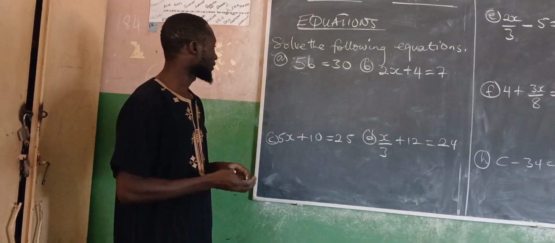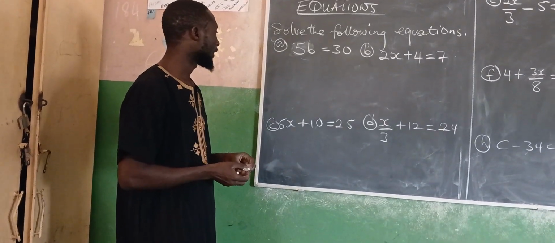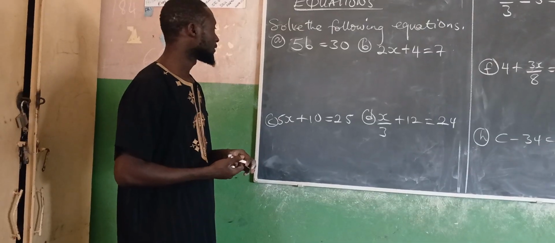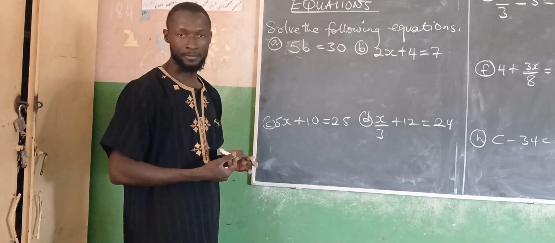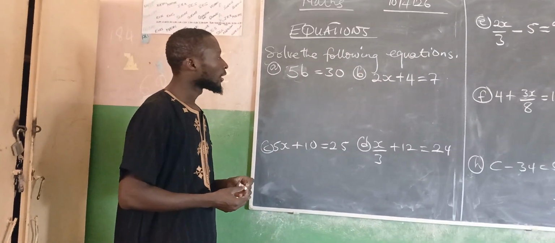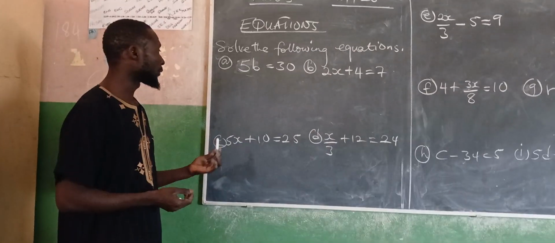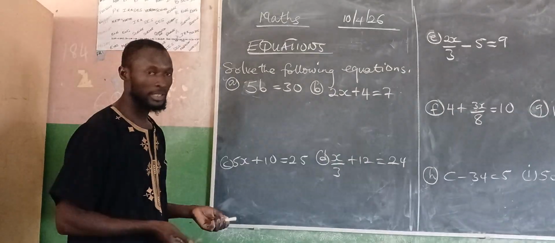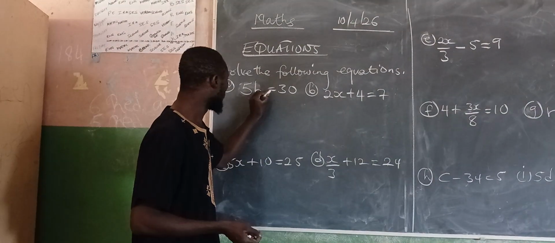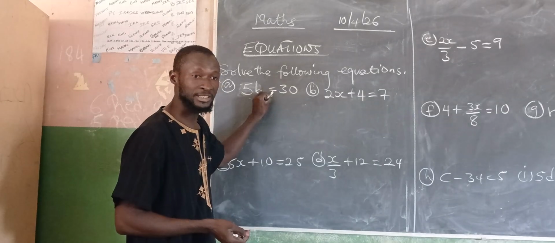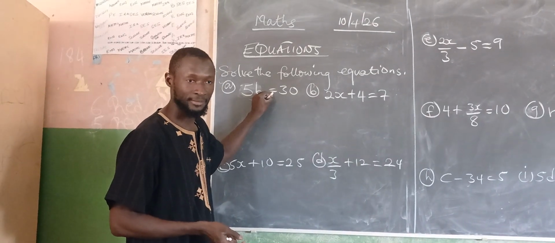The first question reads: 5b is equal to 30. What makes this an equation? That is what I'm going to tell you. We have this sign here. This sign is called the equal sign.